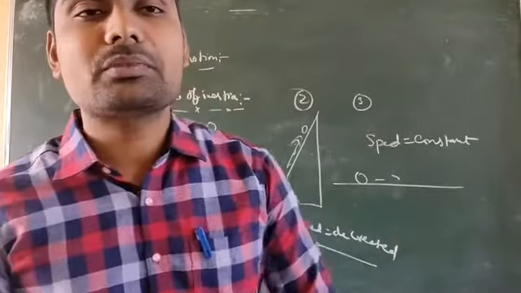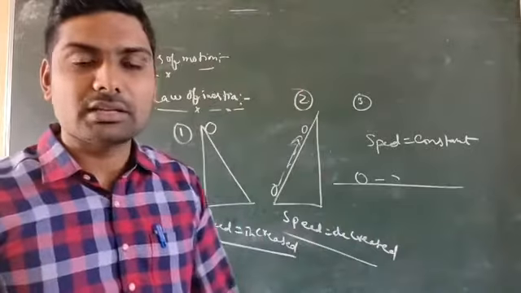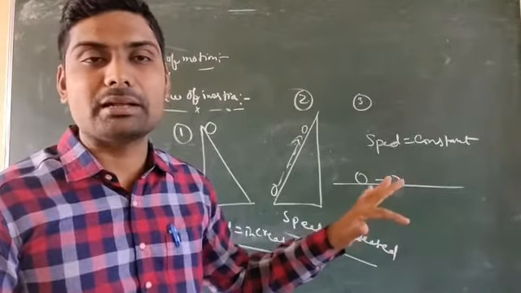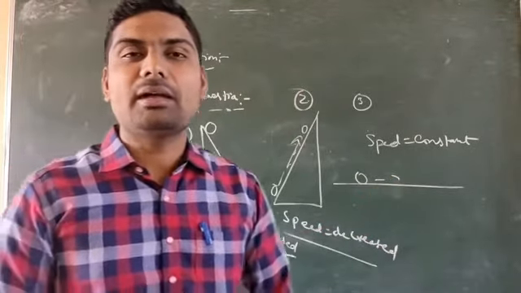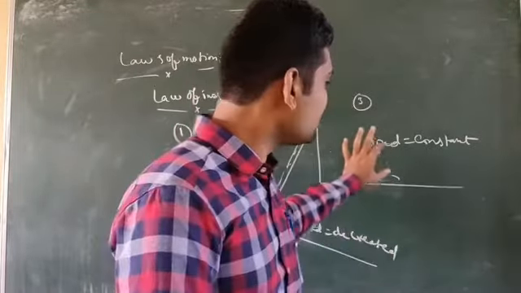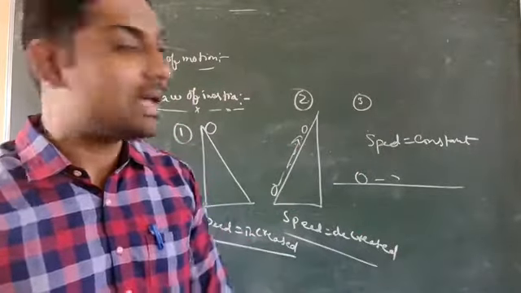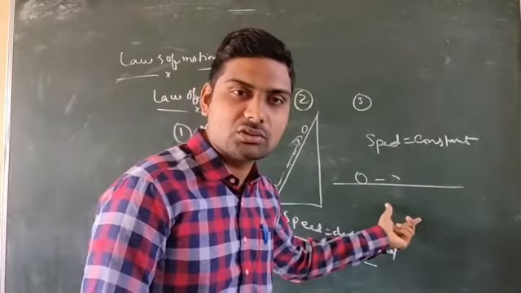This experiment was observed by Galileo and proved to the world. If a body is in uniform motion in a straight line, it will remain in uniform motion in a straight line until there is an external force.